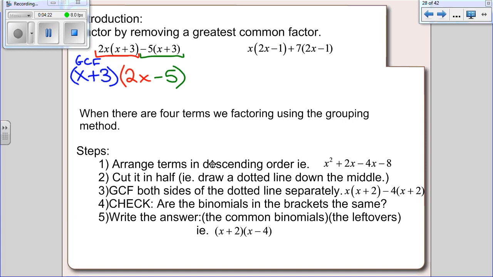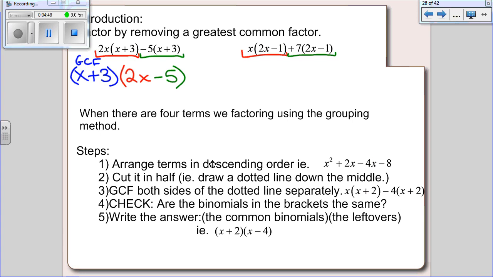Let's look at the second example. If you look at that thing, this has 2 terms in our word. Term 1 is x in bracket 2x minus 1. Term 2 is the plus 7 and then 2x minus 1. Is there a greatest common factor between the red and the green?